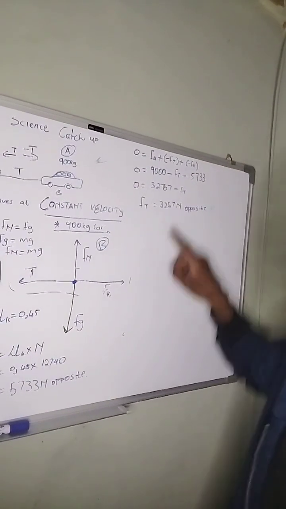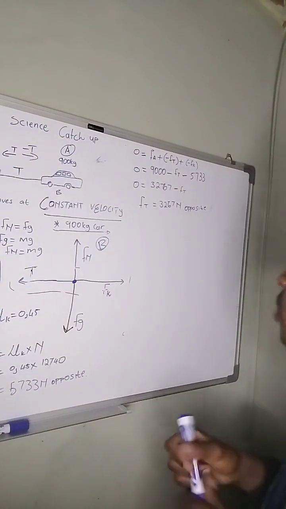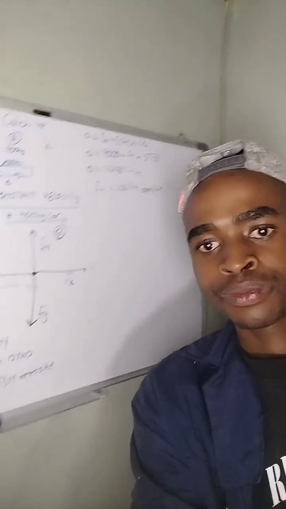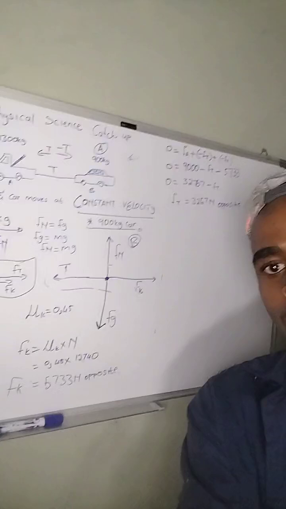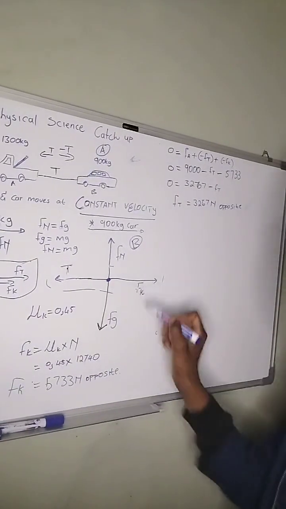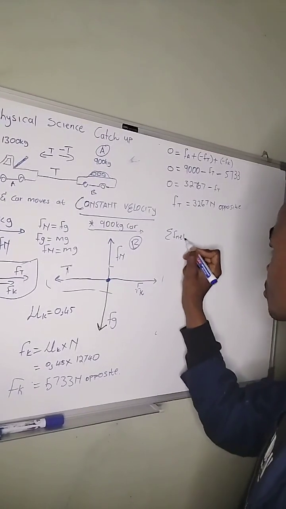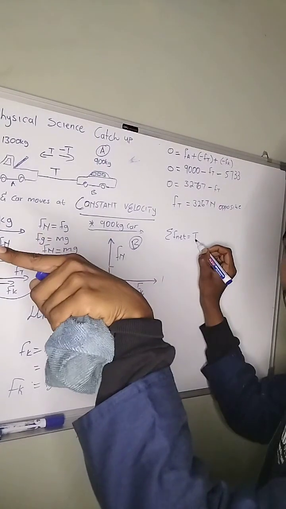And now when we sum these two, they are giving us what? Whenever I choose this direction to be positive, when I sum these two, they will give me what? Obviously, I will say F net is going to be equal to T, because that direction is positive, right?